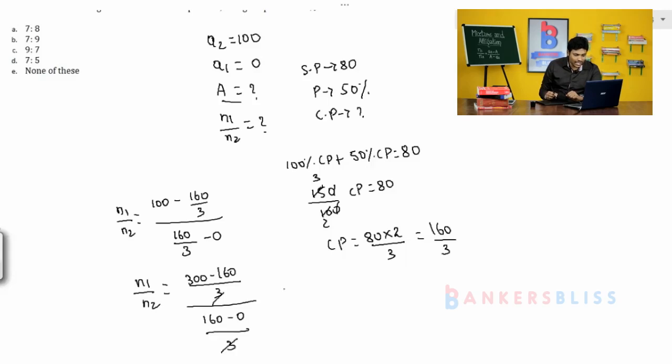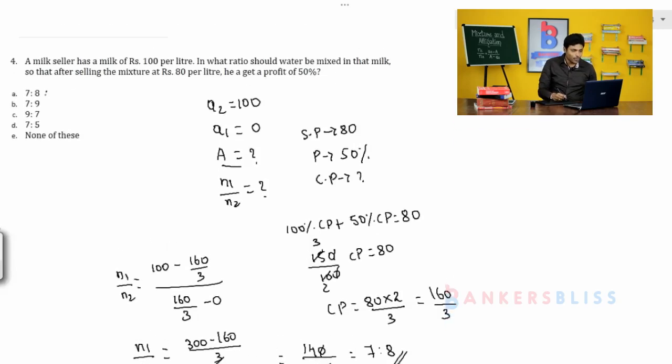The 3 cancels, so we get 300 minus 160, which is 140, divided by 160. After simplification, 2 7s are 14, 2 8s are 16, you are going to get 7:8. Therefore, option A is the right answer.